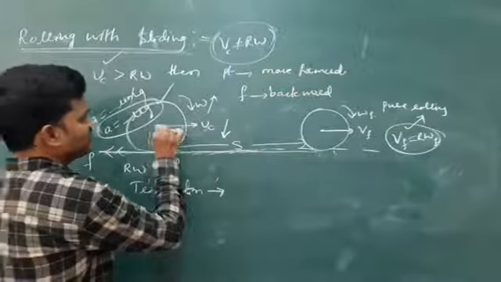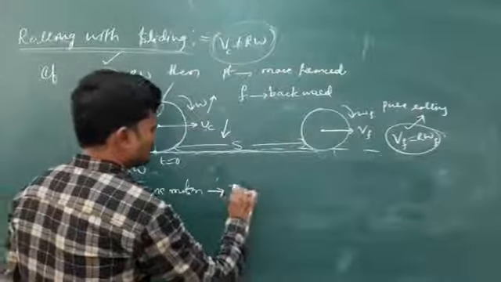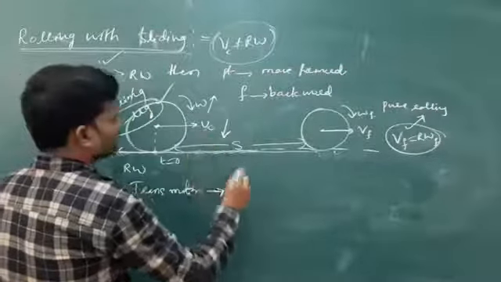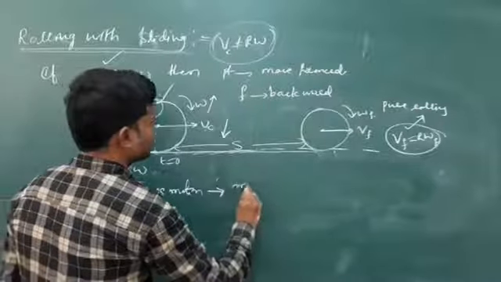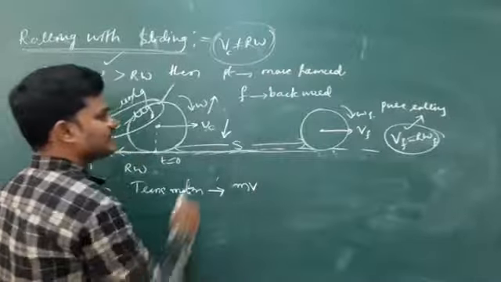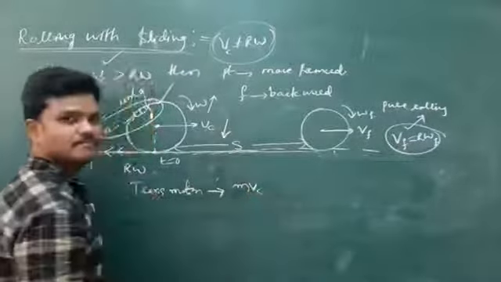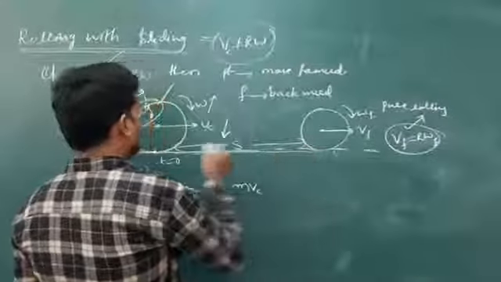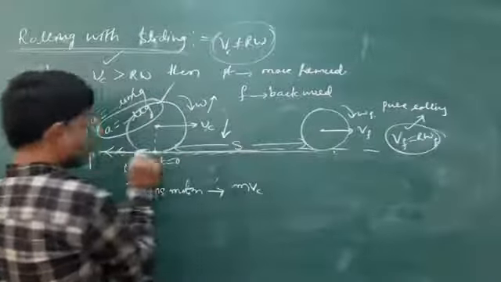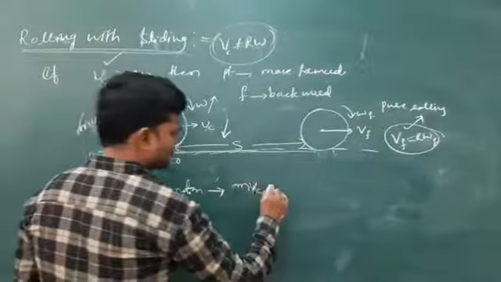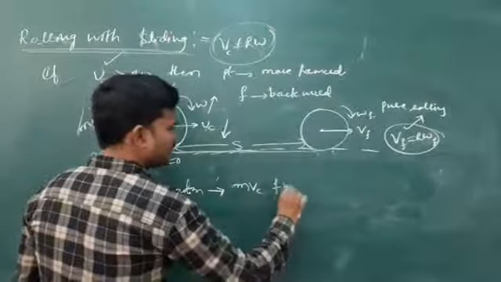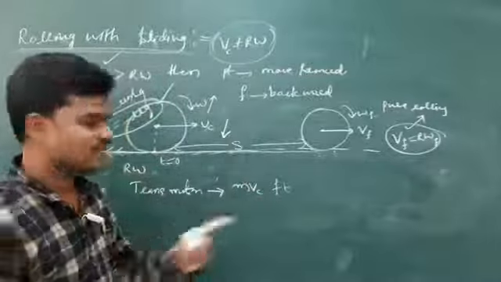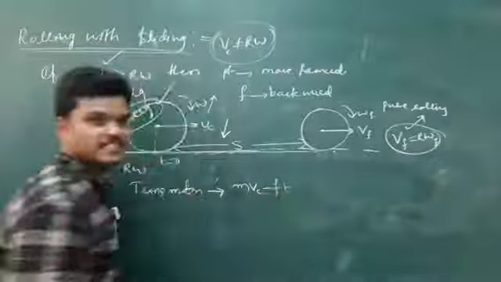Initial momentum is, this is Vc, so initial momentum is m Vc. And due to this frictional force, there will be an impulse. The frictional force impulse is nothing but F into t, Ft, which is nothing but impulse. And this is opposite, so I am using minus Ft.